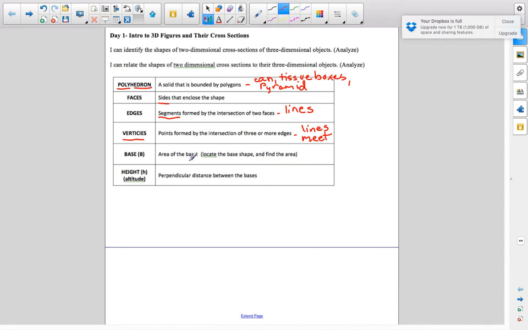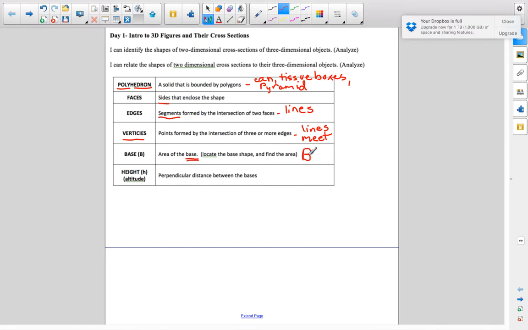The base is to be determined. Sometimes it's determined by you, as in the case of a rectangular prism, and sometimes on a pyramid it's determined by what it's sitting on, and we'll talk about that later. Polyhedrons are typically named by their bases. And this is called capital B. It's part of the formula we're going to be using.